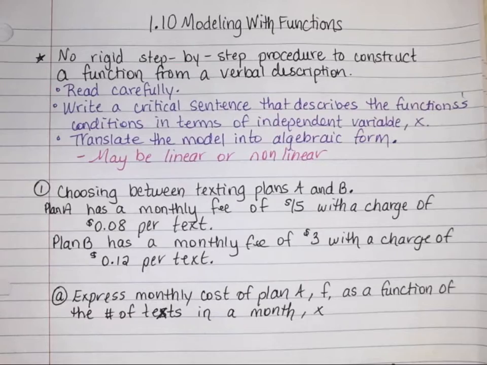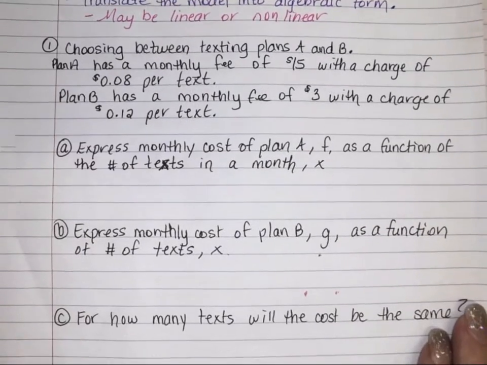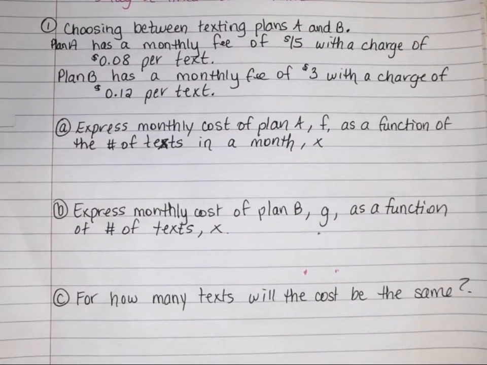In part A, it asks you to express the monthly cost of plan A, and we're going to say that the monthly cost is going to be represented by f as a function of the number of texts in the month x. So they actually already define your variable for you. X is representing the number of texts.